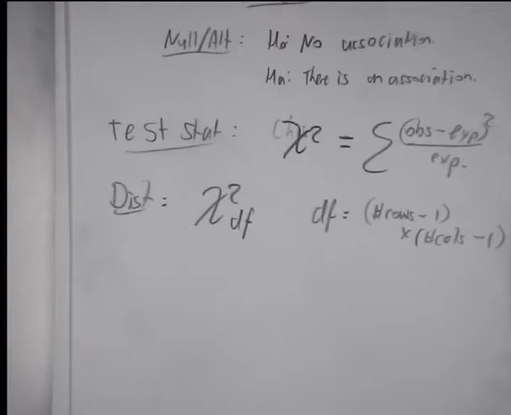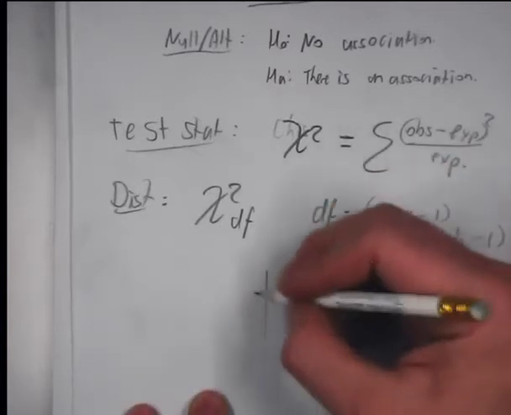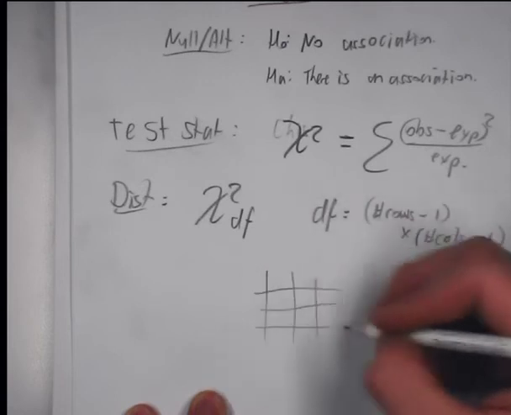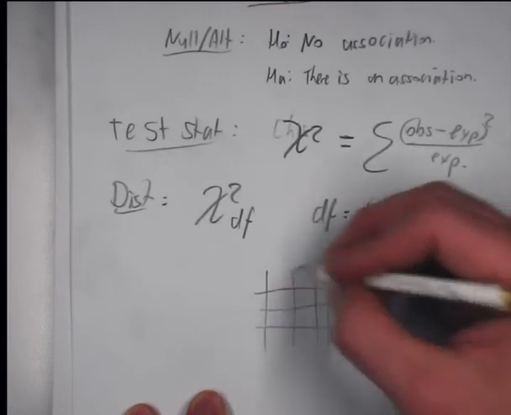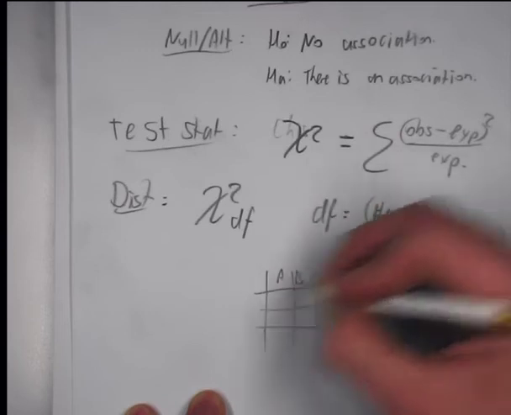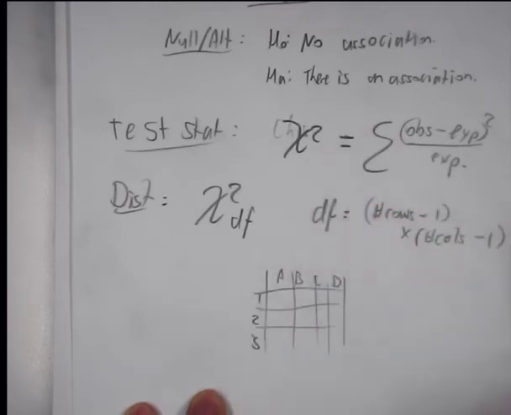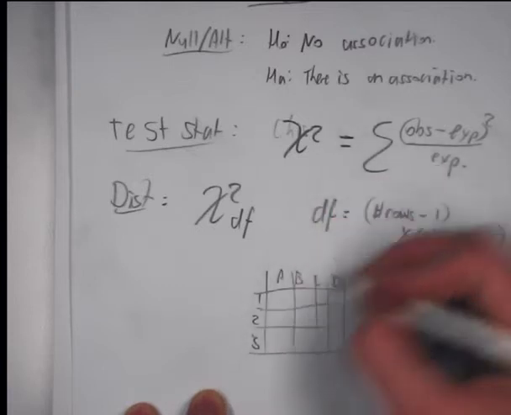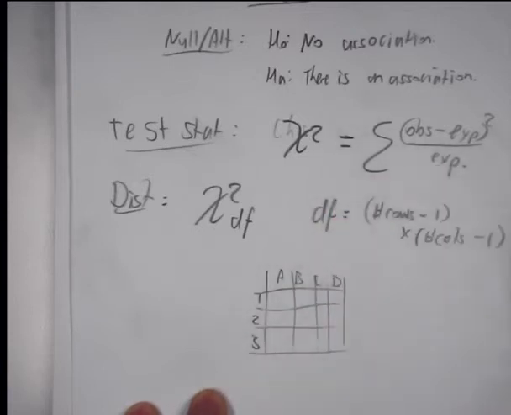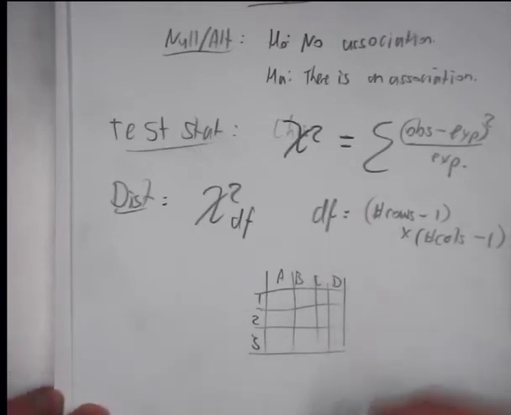And there's an easier way of figuring it out. You look at your two-way table, which has however many rows or columns that it has. So this is one variable, and this is the other variable. And then you'll be putting your totals in around the edges.